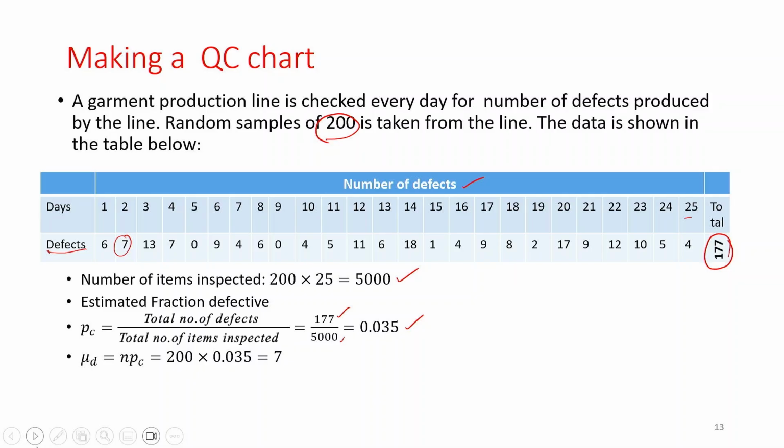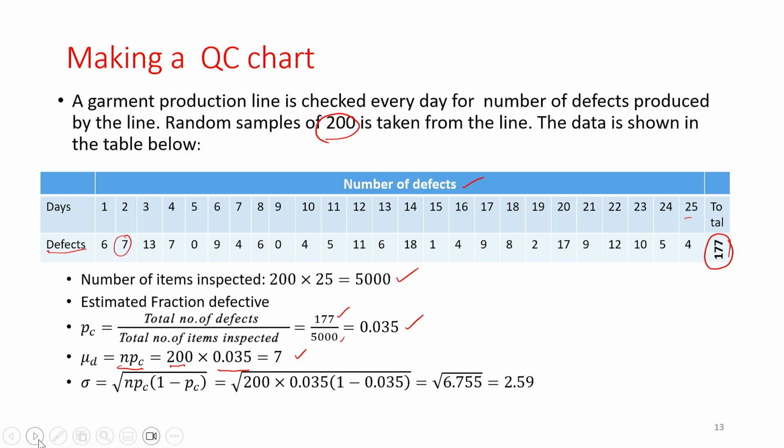So what is going to be my mu D, the mean defectives? It is NPC. N is 200 and the mean value of PC we found is 0.035, so this number is going to be 7. So the mean is 7. We expect the mean to lie at 7, but you can see the actual values are sometimes 7, 13, 0, 4, 6, 5, like that.